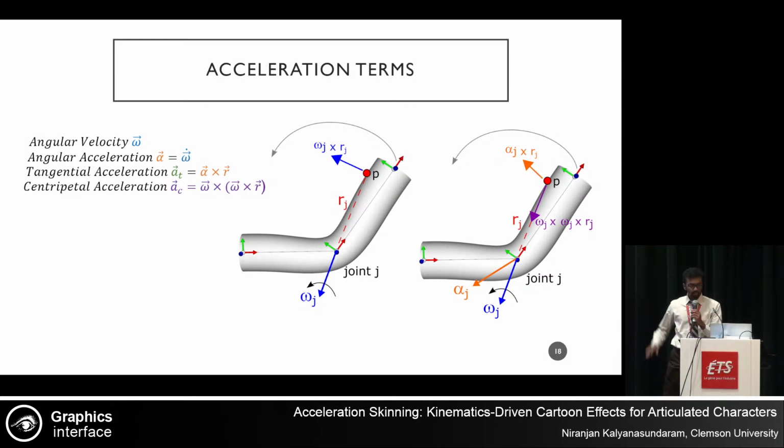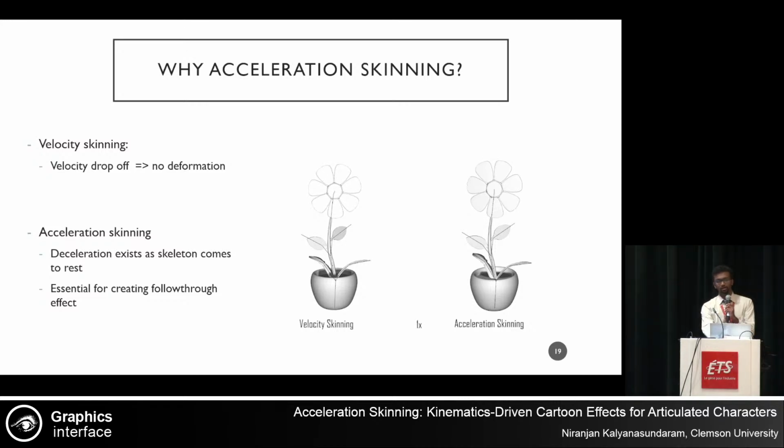So to recap high school physics, if you have a body moving or rotating in a circle fixed about a central point, there's going to be tangential acceleration, which acts in a direction that's tangential to the radius. And we have centripetal acceleration, which is acceleration that acts inward along the radius. And these are things that we had to keep in mind when moving forward to define our own functions.